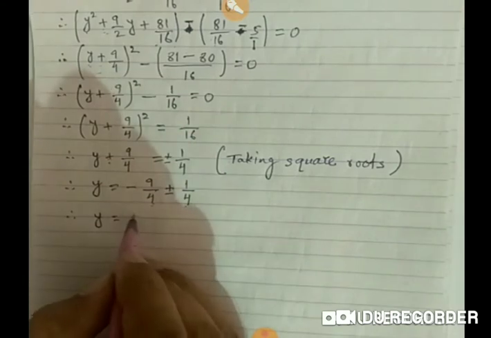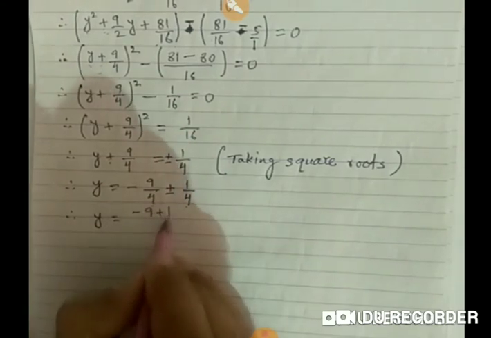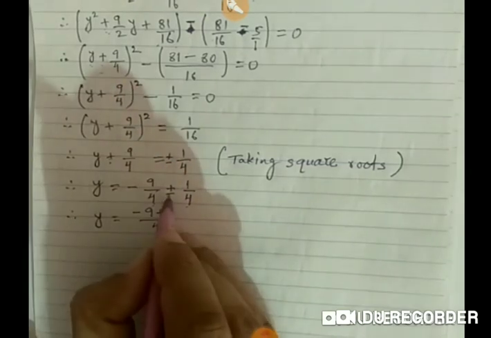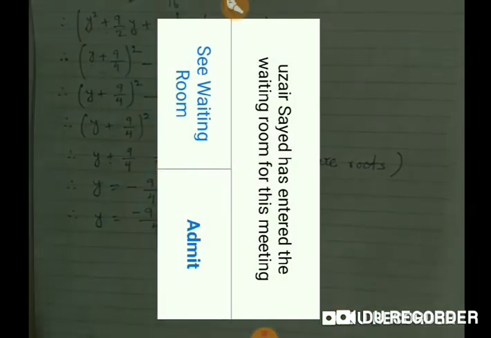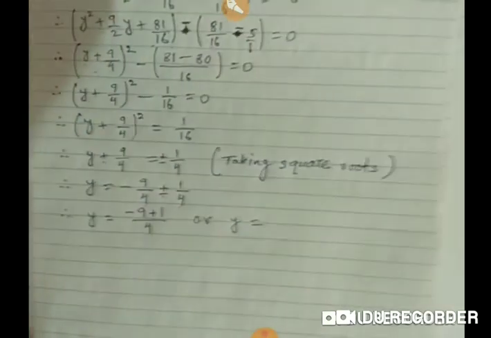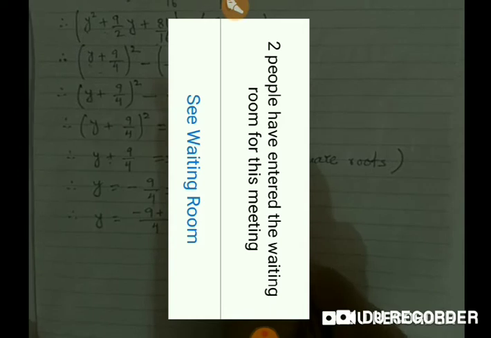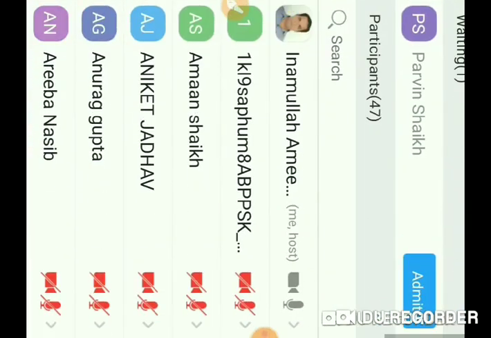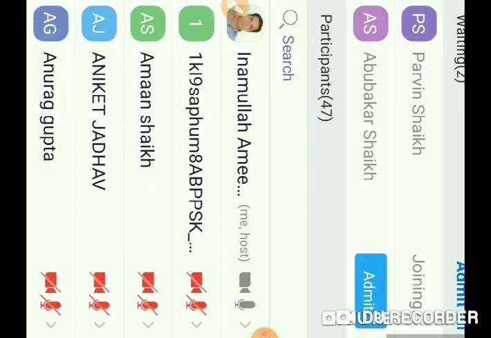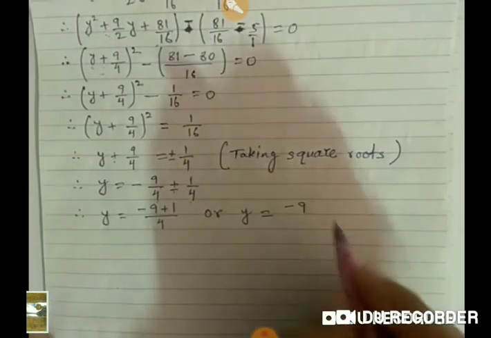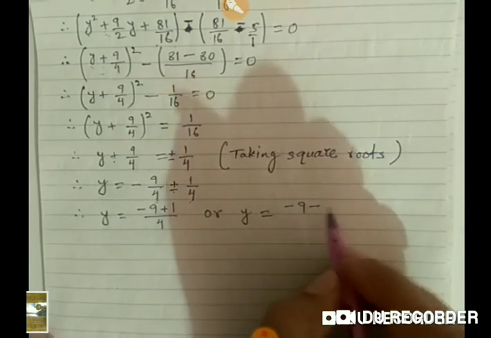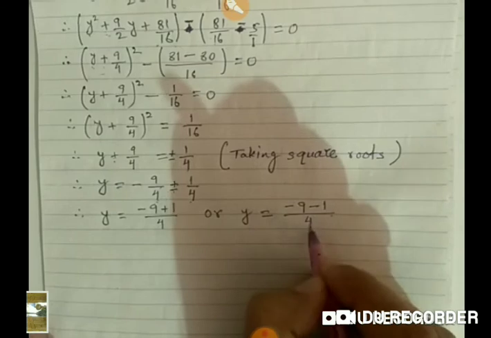So y is equals to minus 9 plus minus 1 upon 4.